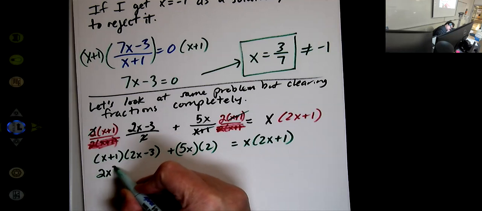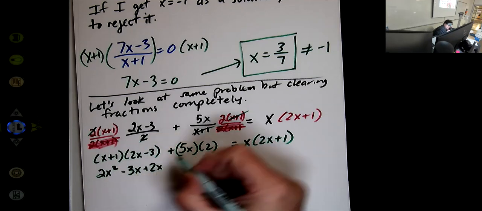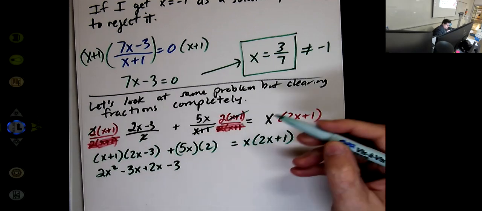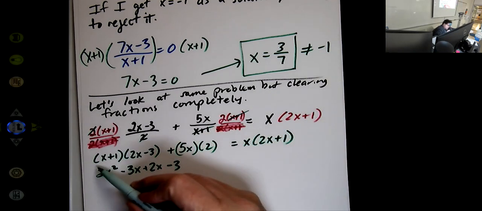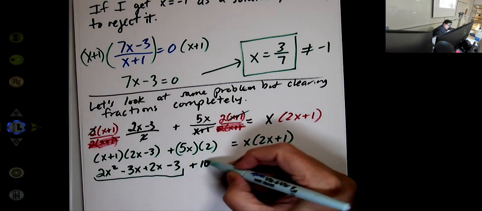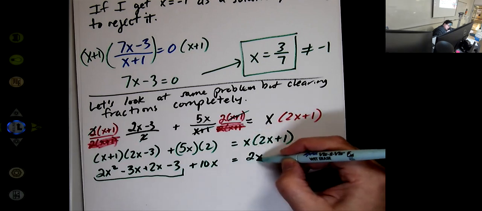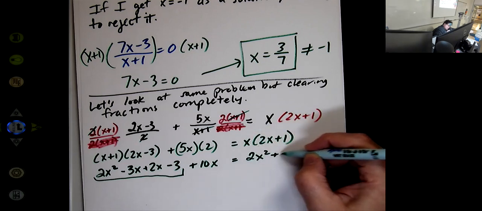I've got 2x squared minus 3x plus 2x minus 3. That's my first set of stuff. Then I've got plus 10x. And I've got 2x squared plus x on the right side.